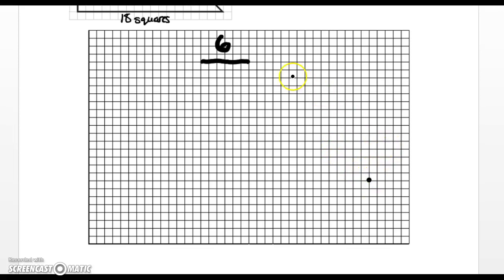So I'm going to connect my dots here. Label that 15 there. Then I'm going to draw my bottom, which was 27 squares.